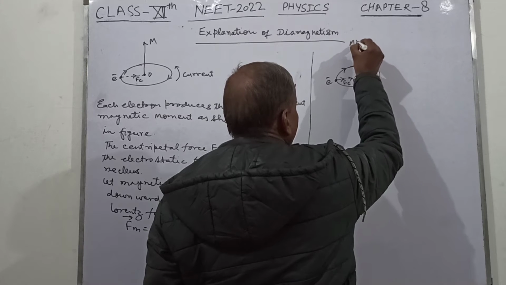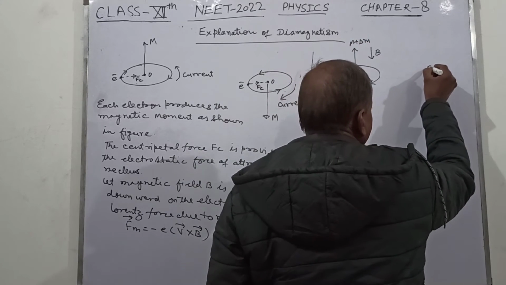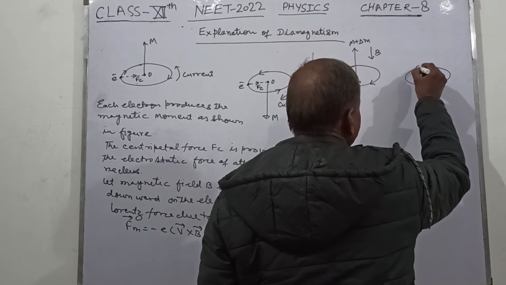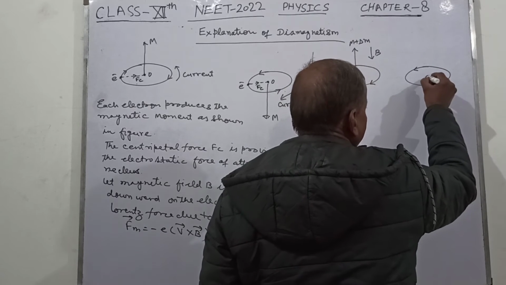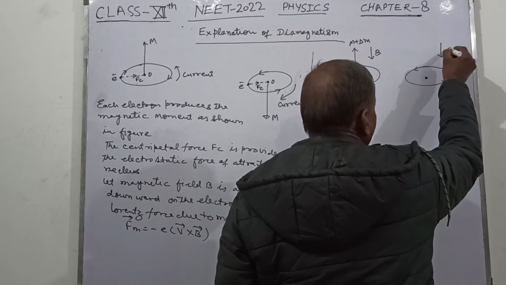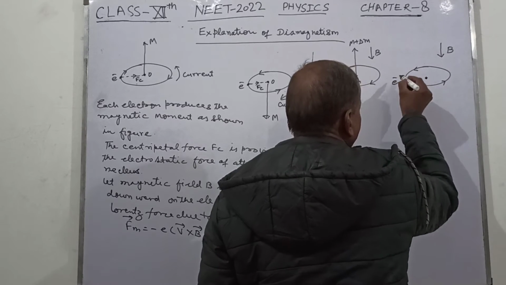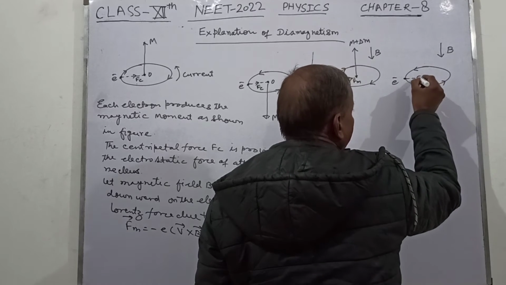Let this now be m plus delta m. Here the electron is moving anti-clockwise. This is the applied magnetic field B, this is the electron e, and the force will be in the opposite direction.